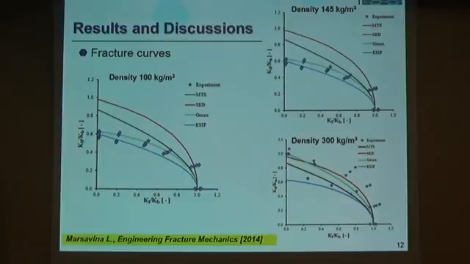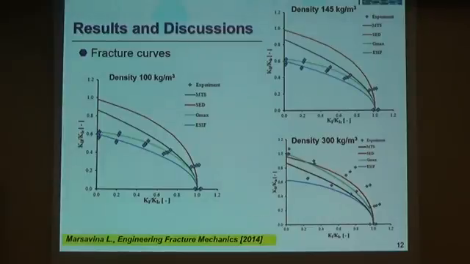What we see is that the best representation of our data comes from this equivalent stress intensity factor criteria, because this is the only one which takes into account K1C and K2C, which means that in a way we tune our results to have good results for the K2C.